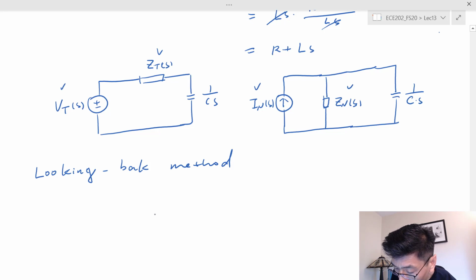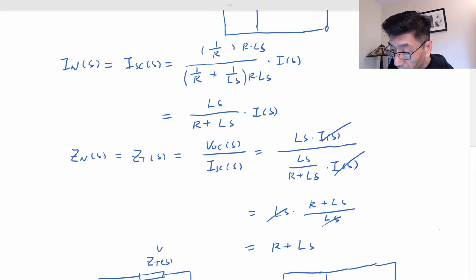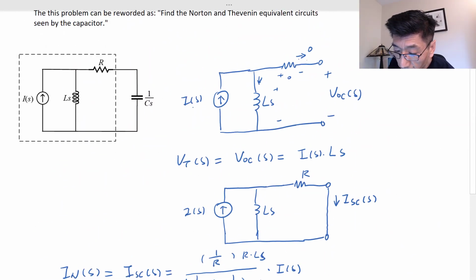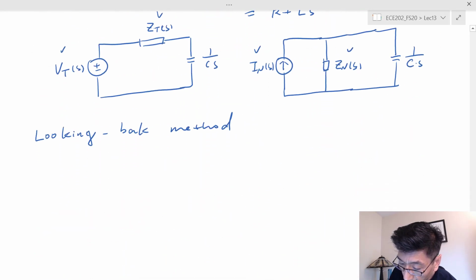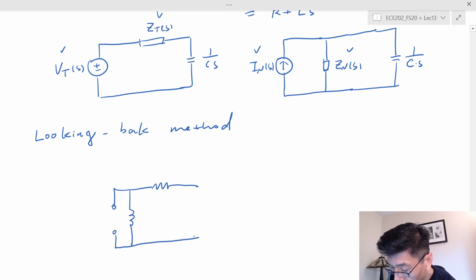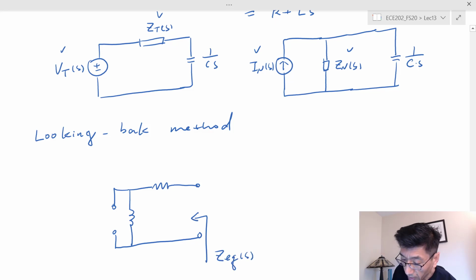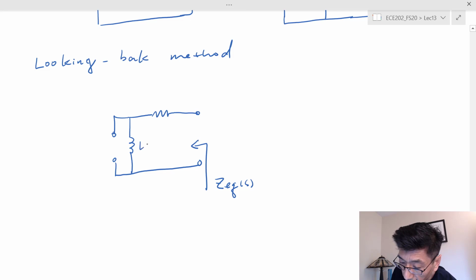In this case we have, let's see, the original circuit we have here. So we turn off this current source. We have the resistance here, we have the inductance here, and you have the open circuit here. So looking back, this is Z_EQ(s), the equivalent impedance in this case.